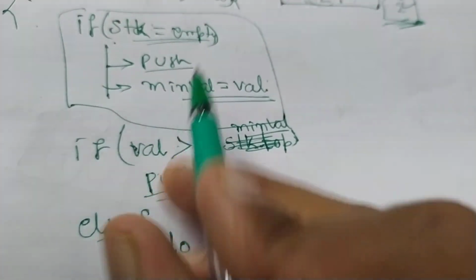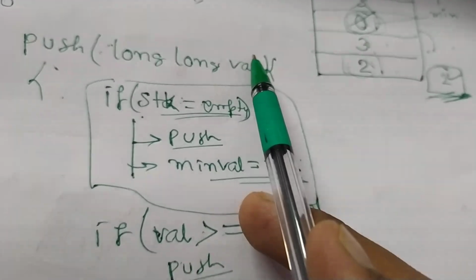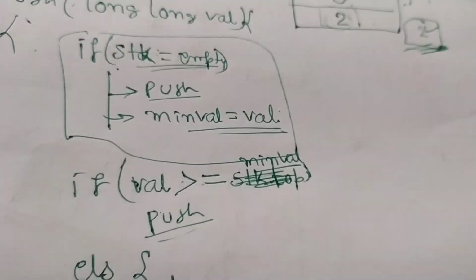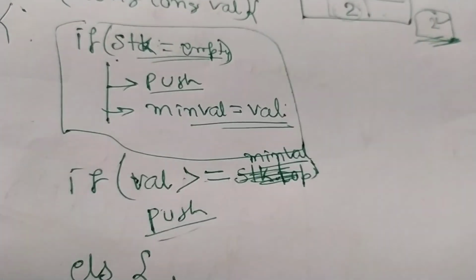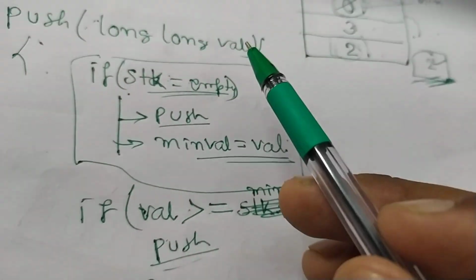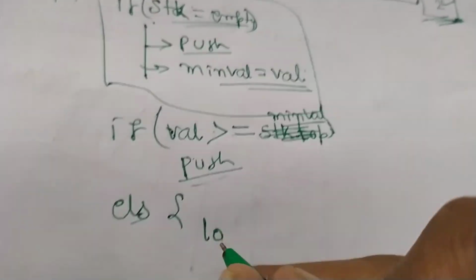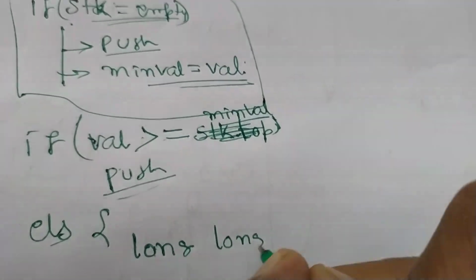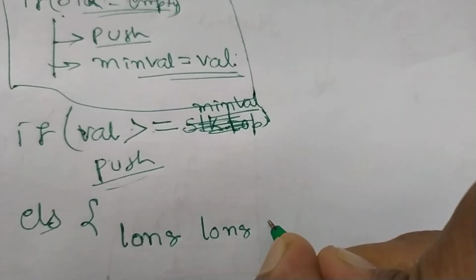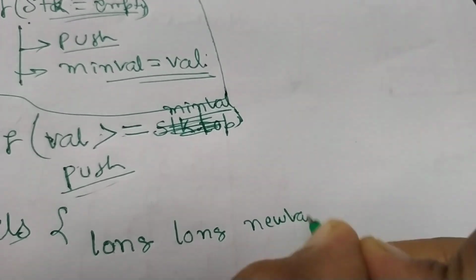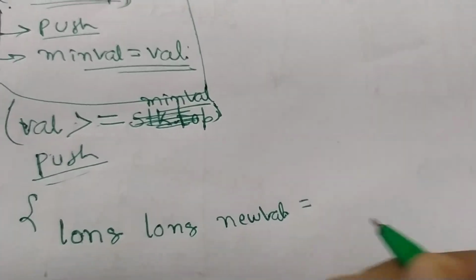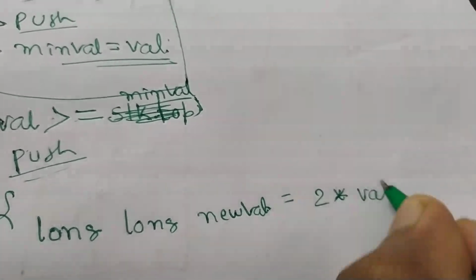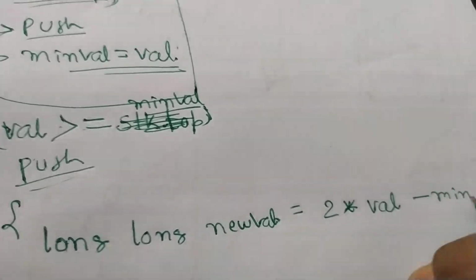We are using it in this way. For that, we don't just insert the value we are given. We will code it in a certain manner so that our previous value could be found using our new value. For that, we are using another variable, a temporary kind of variable, new val, which will be inserted in place of val, and we code it in this way: 2 into val minus min val.